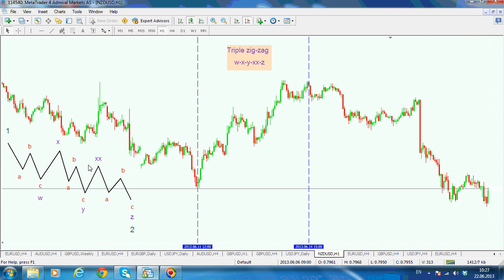Another important characteristic for the triple zigzag is that the Z wave, this one, is usually equal in price to wave Y. If it is not equal in price, then the next options for the end of wave Z are, in this order, 61.8% of wave Y and 161.8% of wave Y. So the first option is that you might look for the Z wave here to be 100% of wave Y. You just measure the length of wave Y and you look for the Z to be 100%.